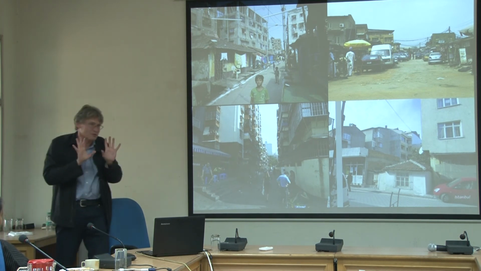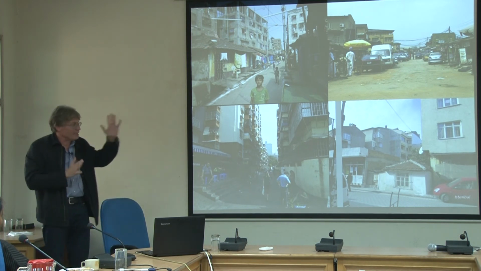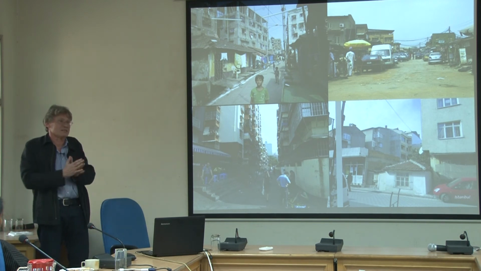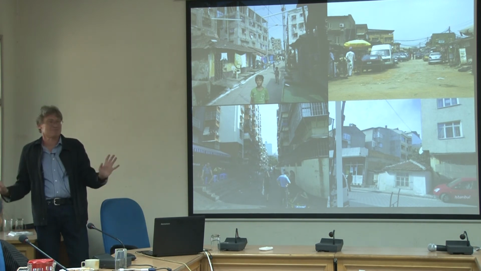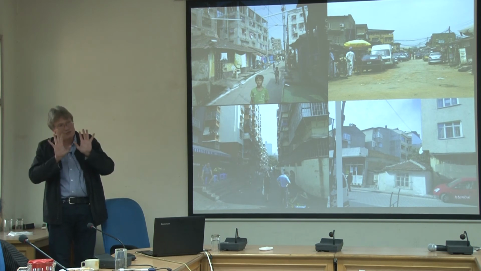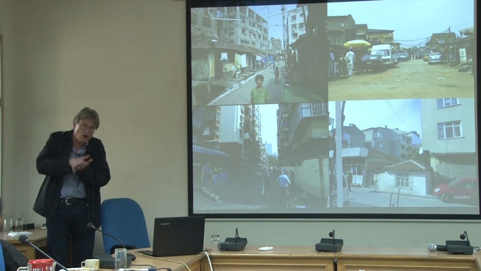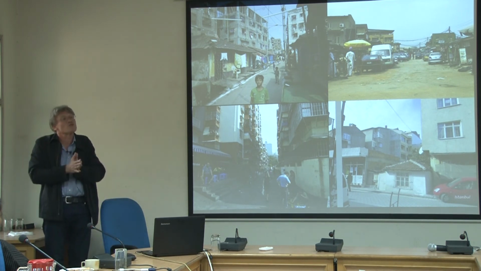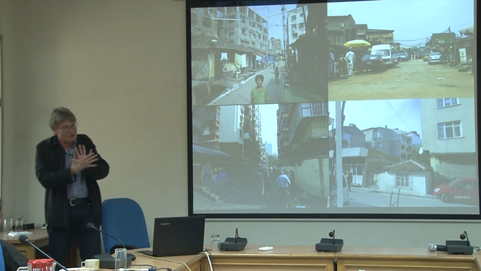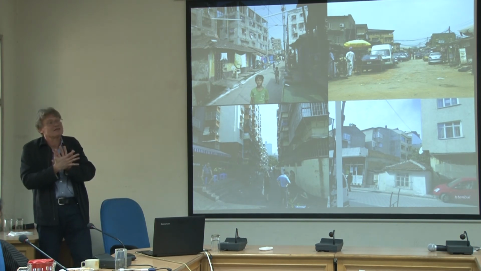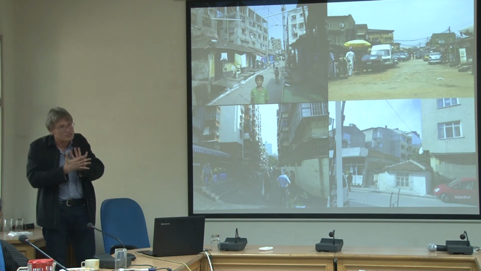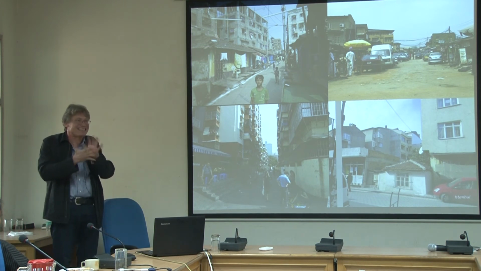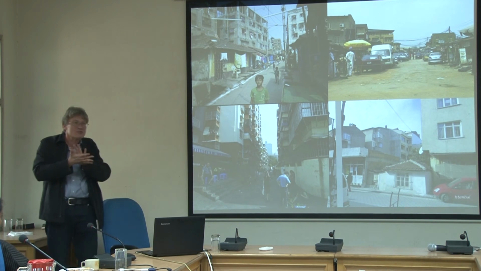Now I can't go into the details, but the point in Lagos and in many other places is that you can't just buy a piece of land. In Lagos it's really a kind of double land regime. You have to buy land according to the formal rules, but at the same time there are traditional claims on the land, and it is not so clear how you get the right to use that land.